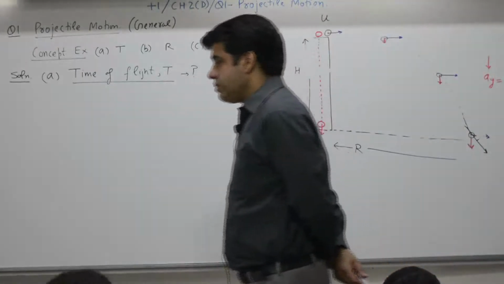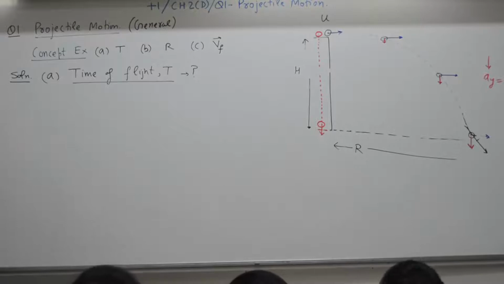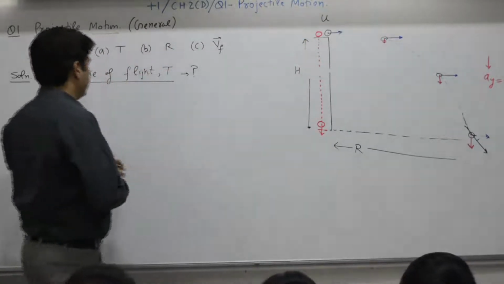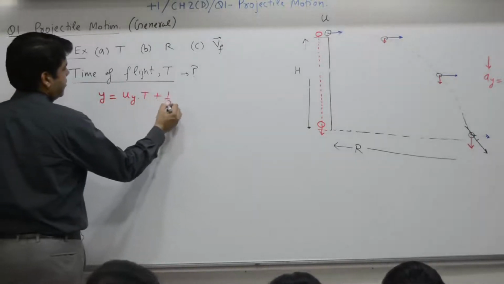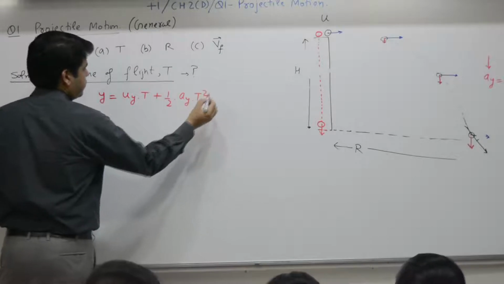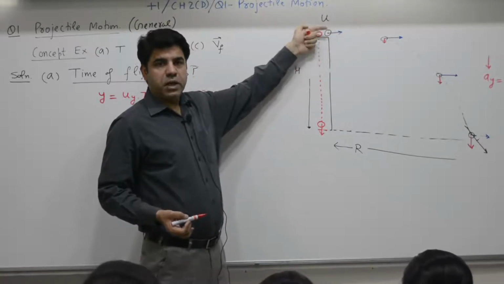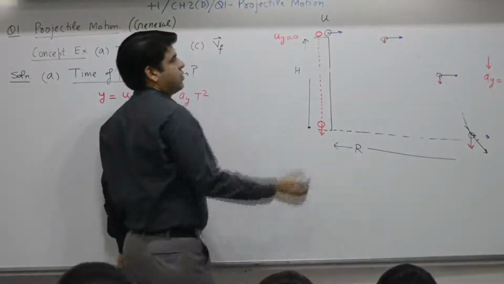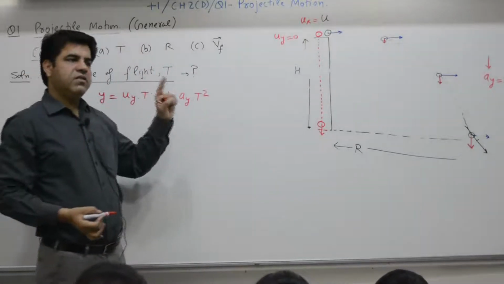Think of the concept example, how you have covered this particular question there. Motion along the y-axis. What was the formula written? y is equal to uy t plus 1 by 2 ay t square. Horizontal velocity is there, ux is u, but vertical uy is 0.